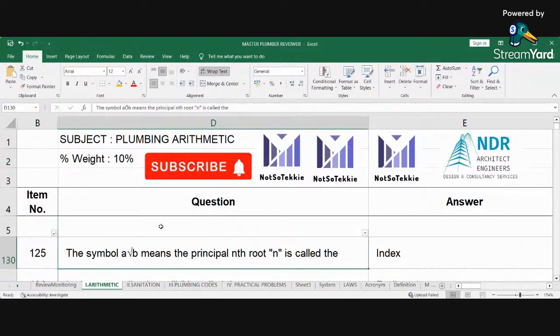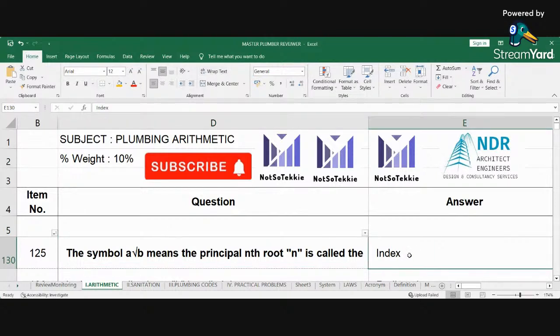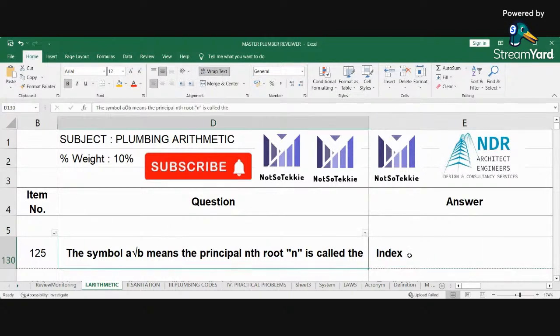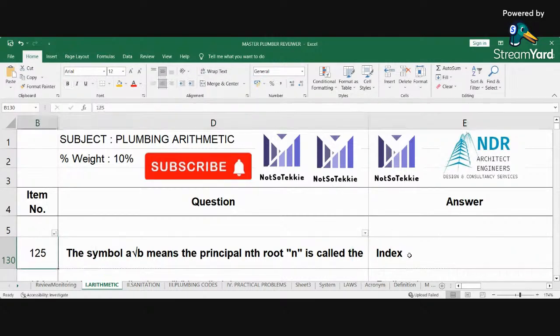The symbol square root of B means the principal nth root. n is called the index. Answer is index.